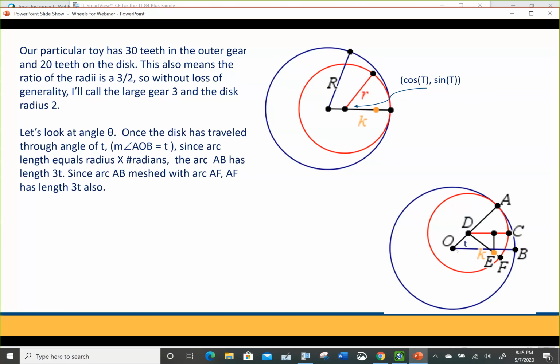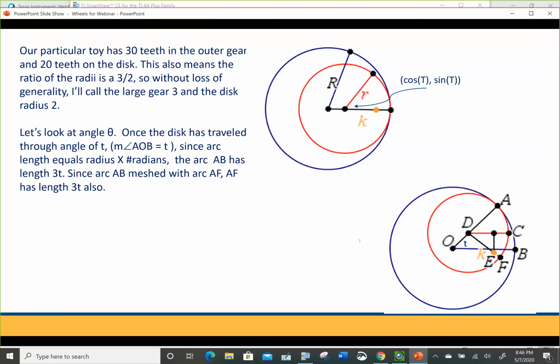So if the radius of the large circle that it's rotating in is 3, then the length of arc AC or AB is now 3t. 3 the radius times t the angle. But since AB just meshed with AF, that means AF has the same length. So AF has length 3t also.